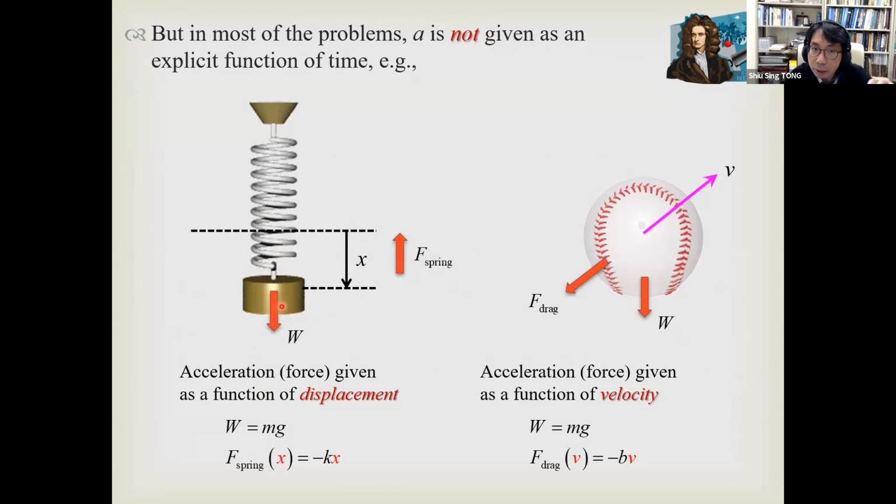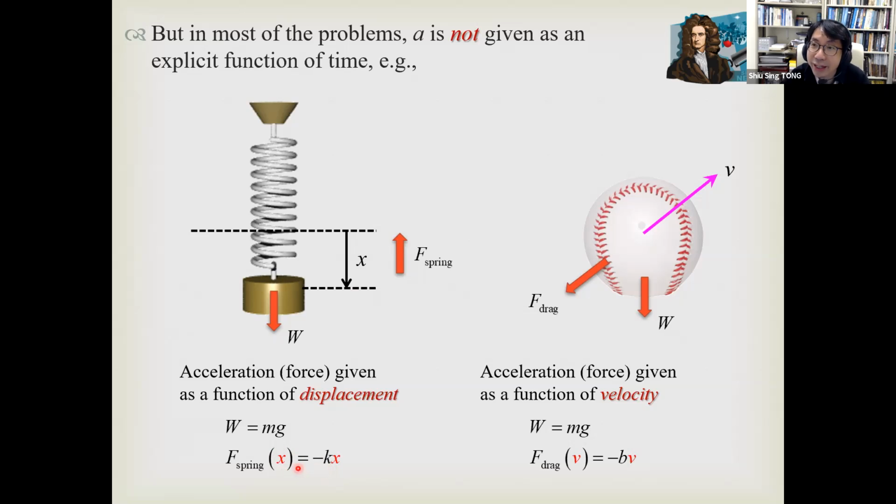When the spring is stretched by a larger extent, the force increases. If the spring has a larger extension, then you have a larger force, right? So the force depends on the extension.